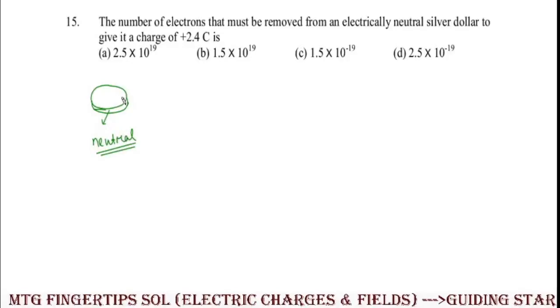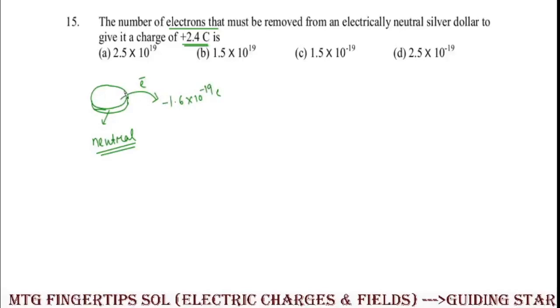Clear? So if it is neutral, then how many electrons must be removed from this neutral dollar coin to give it a charge of 2.4 coulomb? Suppose if we remove one electron, that means how much charge have we removed? We have removed 1.6 into 10 to the power minus 19 coulombs of negative charge.